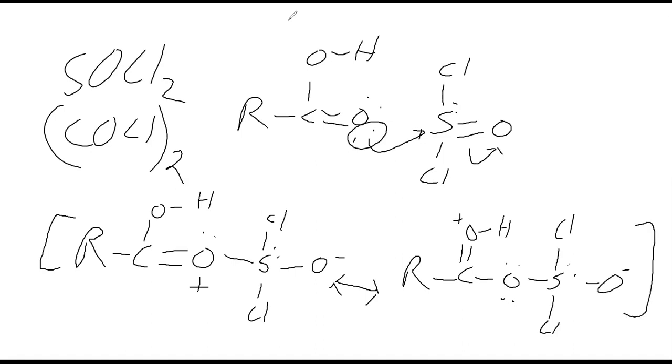So we have these two structures resonating back and forth. The first thing that's going to happen is the lone pair on this oxygen is going to swing back down to get the ketone and kick off. It doesn't really matter if it's going from here or there, but it actually probably favors this version. So either way, we're kicking off chlorine as a leaving group.